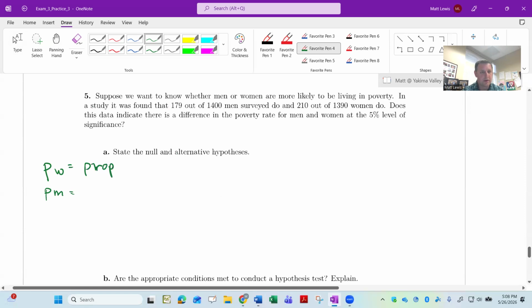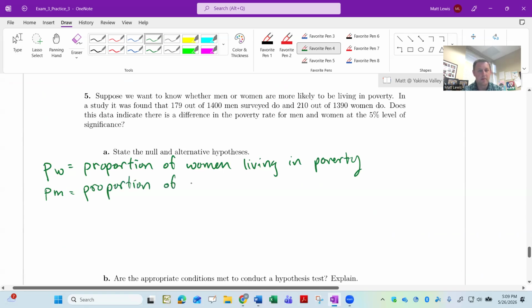The proportion of women living in poverty, and the proportion of men living in poverty.